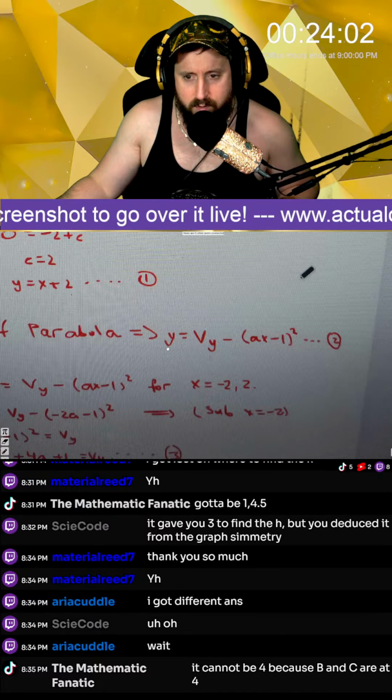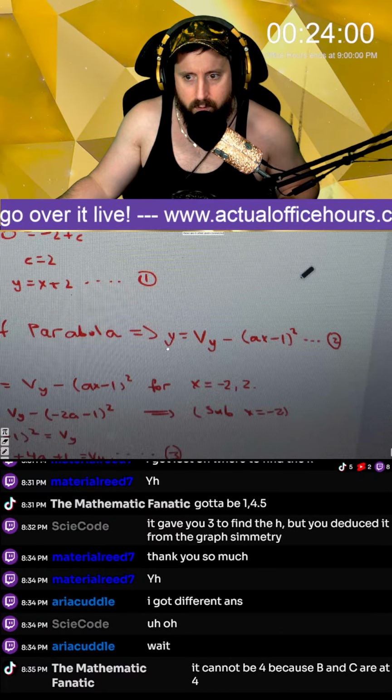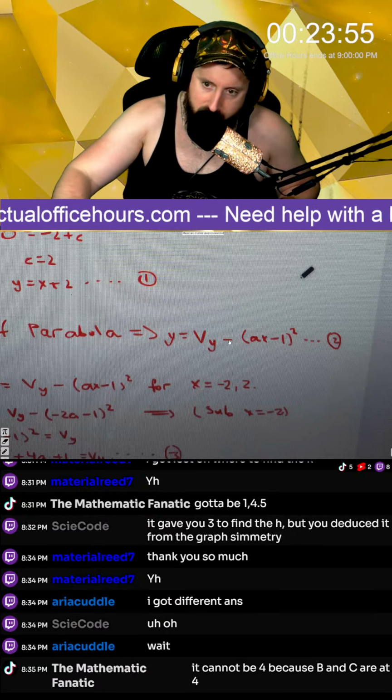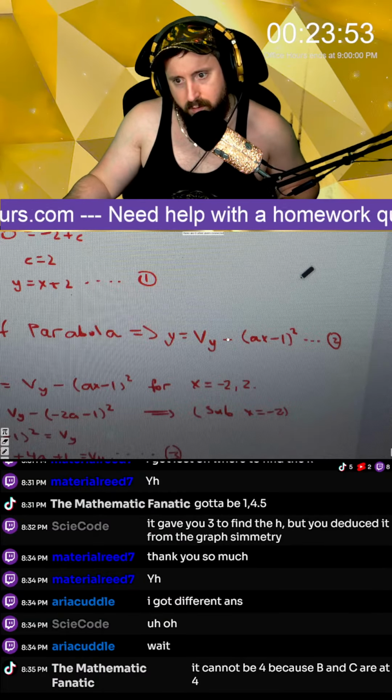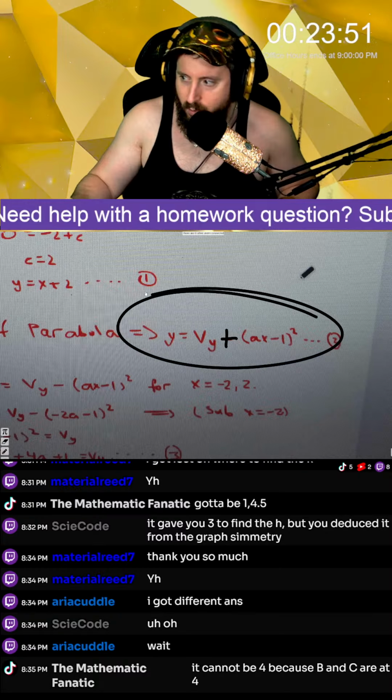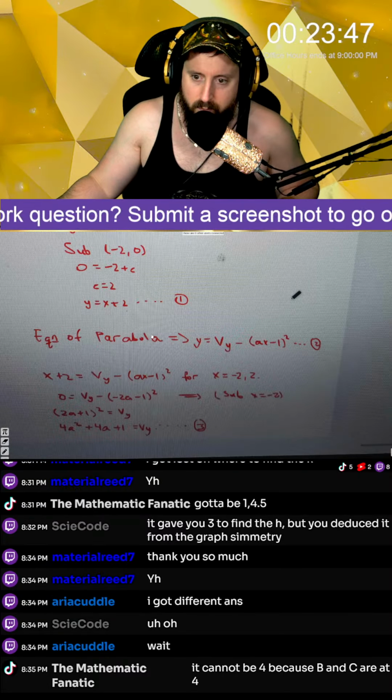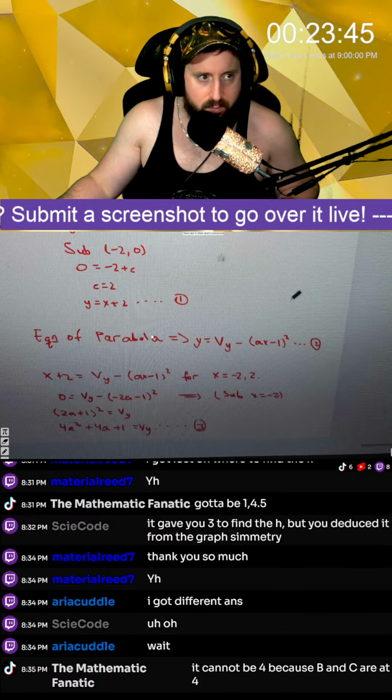Equation of a parabola. So you say y is equal to... I think this is plus. I think maybe this is your issue here. I haven't seen this as an equation for a parabola. Wait, what? Is that real? y minus a(x minus 1) squared?